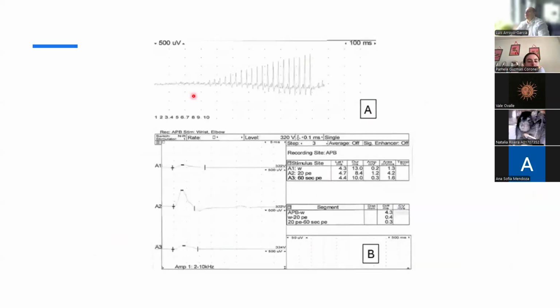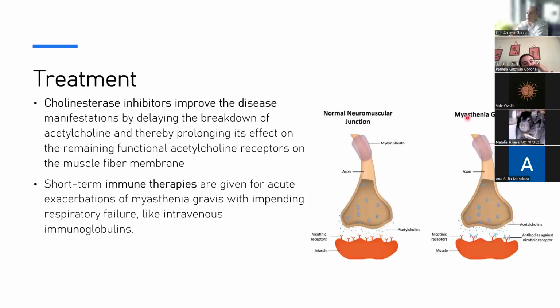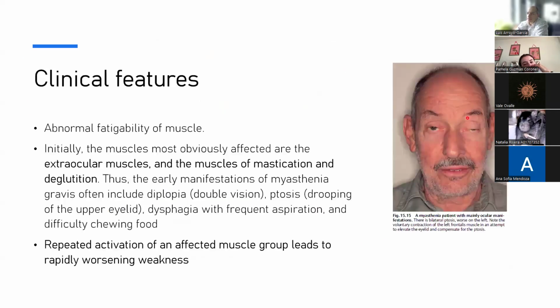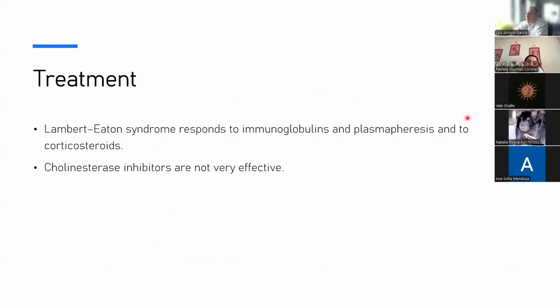It's a bit difficult to see, but when you try to stimulate the muscle, you are gaining activation one time after the other because you have more calcium inside the cell. So it's easier to release the neurotransmitter in the next event. Here is the difference with myasthenia gravis. Then we have the treatment.